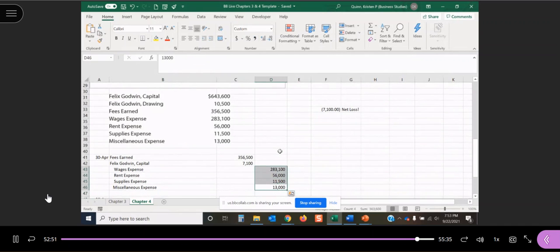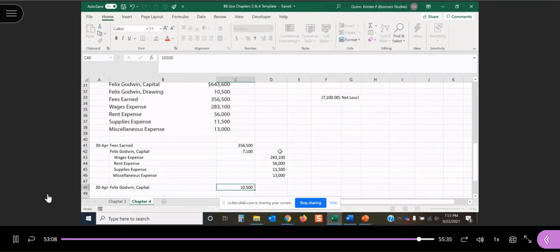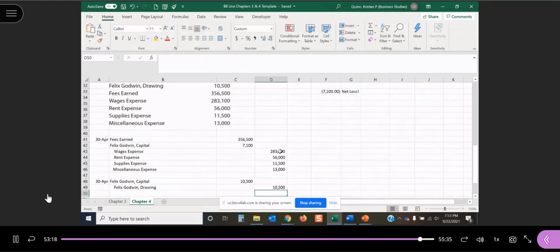And again, double check. Do your debits and credits equal? I have $363,600 on this side. I've got $363,600 on that side. And we're going to debit Felix Godwin capital again for the drawing value, that $10,500. And we're going to close out his drawing account by crediting it for that balance.